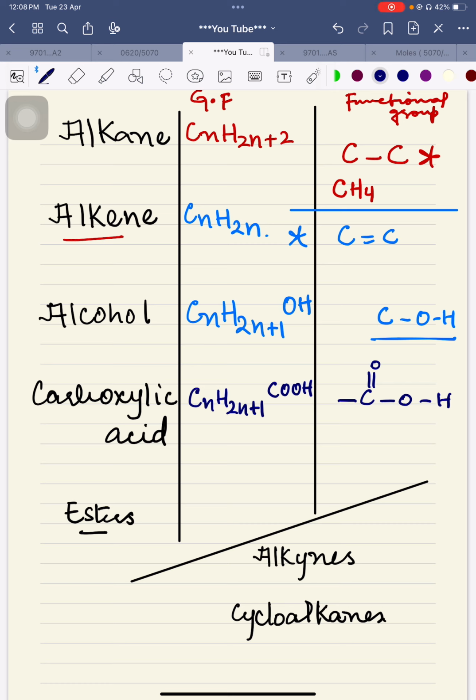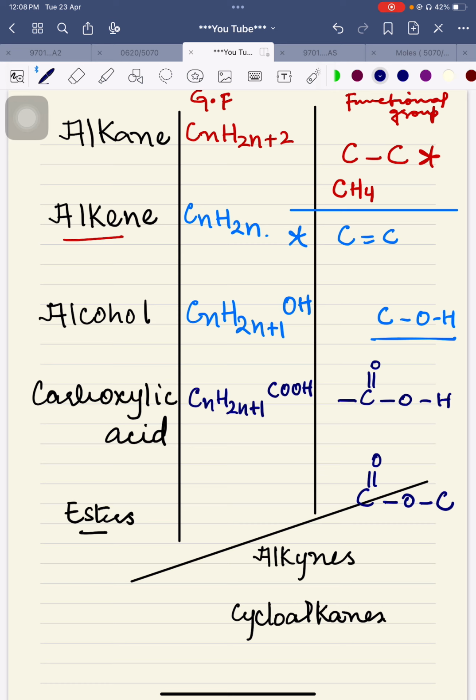Right now, I am on esters. In case of esters, guys, you will not have a specific general formula as a part of your syllabus. And the functional group of the esters family is basically COO. This is called the carboxyl carbon. Here there must be a carbon atom as well. The carboxylic group is attached further to a carbon.